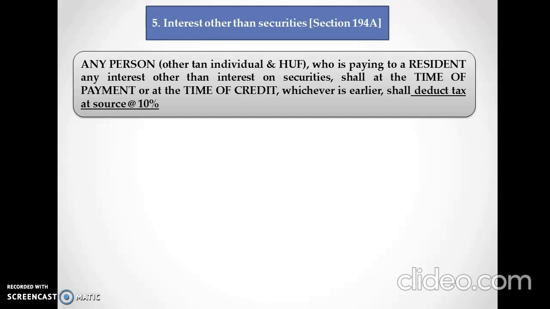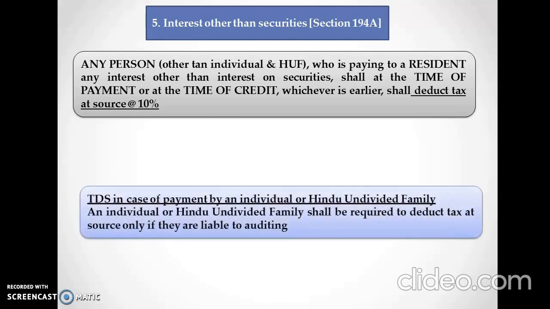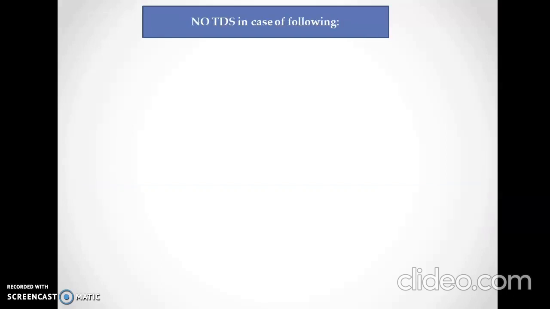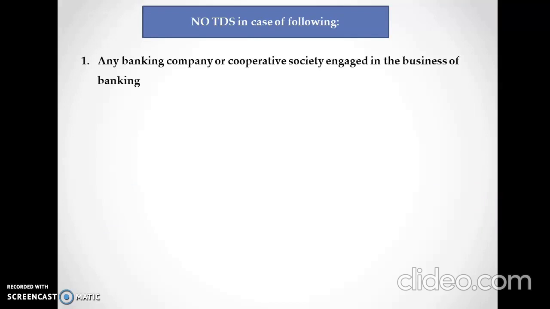So any person other than an individual and HUF paying a resident any interest other than on securities, at the time of payment or at the time of credit, shall deduct TDS at the rate of 10%. TDS in case of payment by an individual and HUF is also done if a tax audit is required. Again, there are certain exceptions to this case also.